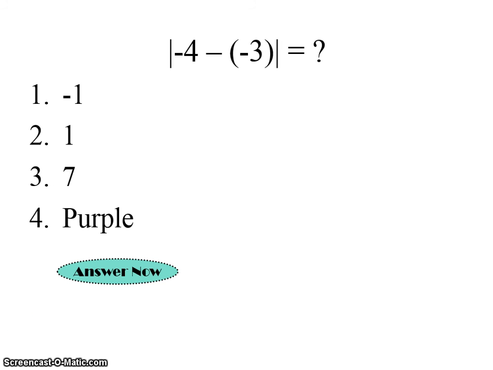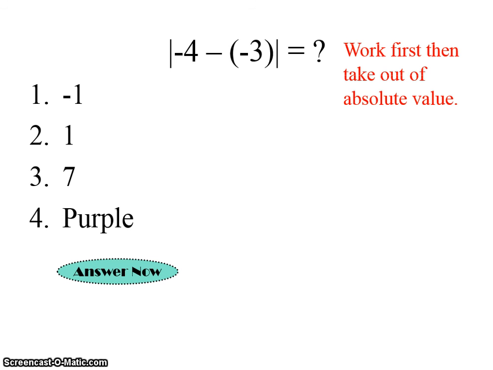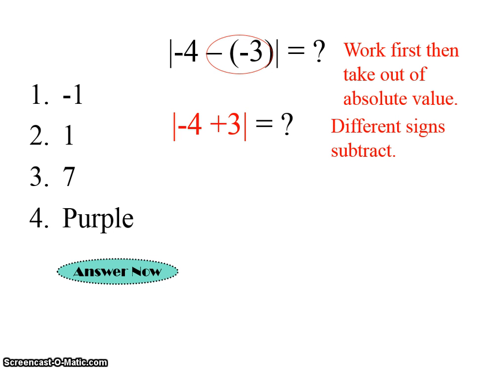Okay? On this one, you've got to work the problem. You have double negatives, so that becomes a positive 3 because of that. Now you subtract because you have different signs. And so you have a negative 1 inside. What is my answer? Positive 1, because it's always positive when you pull it out.